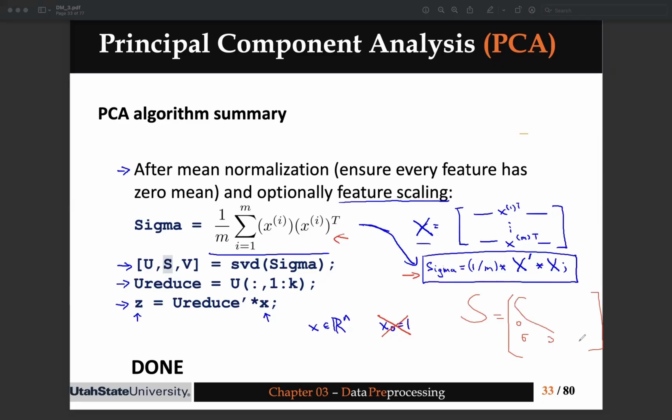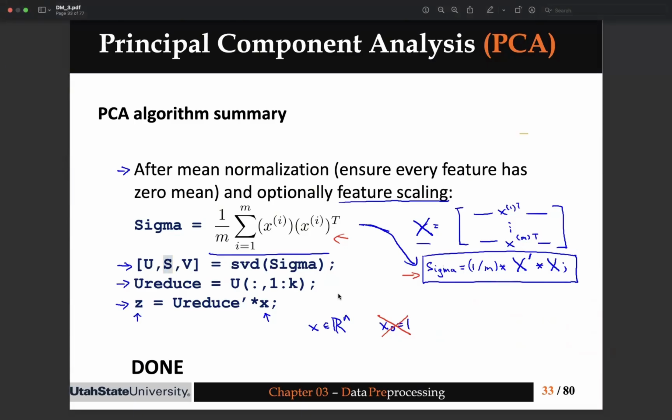But in the diagonal of this matrix, I will have my eigenvalues, eigen 1, eigen 2, eigen 3, etc., all the way to eigen n over here, which is my last principal component. All the other values along in this triangle will be equal to 0. So that's what my eigenvalue matrix S will give us as a result in this case.